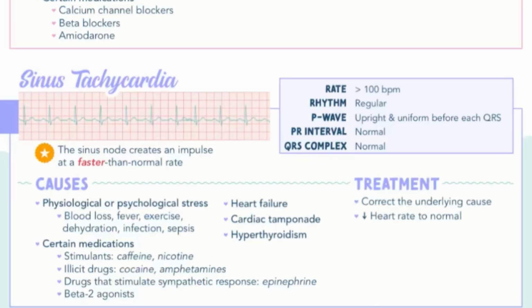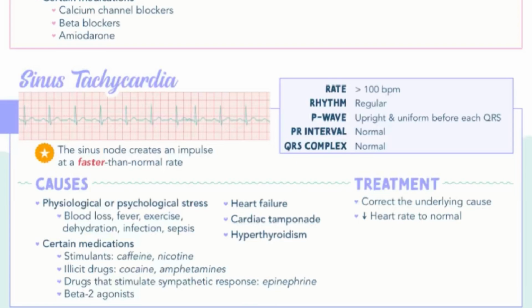There are physiological and psychological stress, blood loss, fever, exercise, dehydration, infection, and sepsis. Along with heart failure, cardiac tamponade, and hyperthyroidism. In these cases, the patient is having tachycardia.